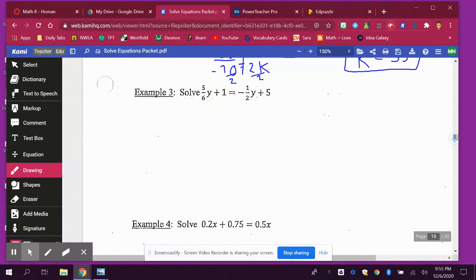If we were adding or subtracting fractions, we would have to find a common denominator. And that's what you want to do to get rid of these denominators.